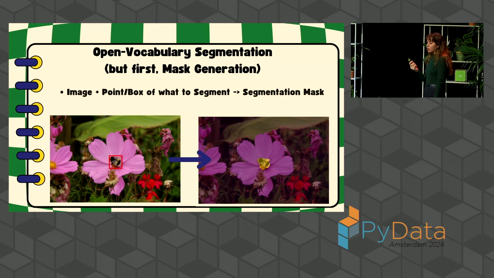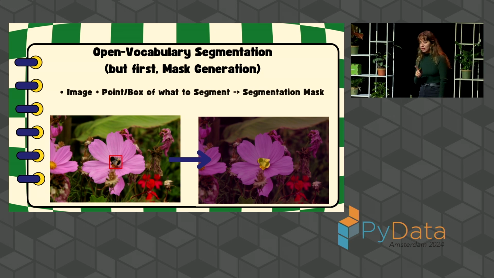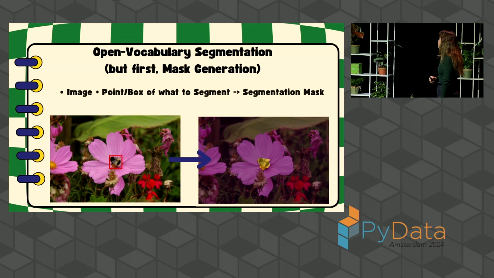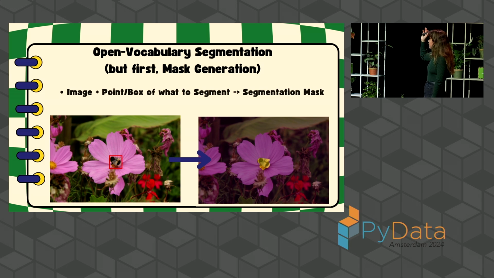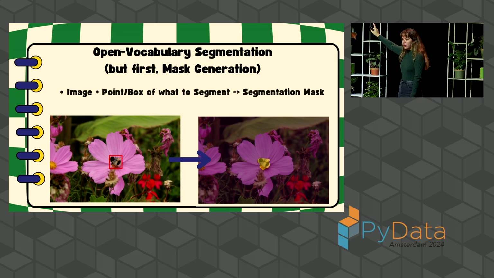But firstly, to go through the mask generation, it's a task that was introduced with the Segment Anything model by Meta. I think it was last year, and this year they have released another model called SAM2. This is essentially inputting a bounding box surrounding the object of interest or leaving a point on the object of interest, and then you get the mask of that object that you wanted to segment.